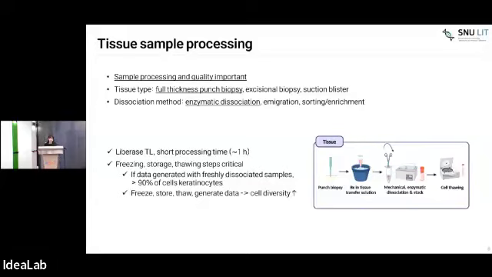The different methods would be enzymatic dissociation, culturing the tissue for a few hours for emigrating cells, and sorting or enrichment of specific cell populations of interest. And our group usually uses the enzymatic dissociation method of punch biopsies using LiberaseTL for a short incubation time of 1 hour. And we also do not use the samples freshly because over 90% of the cells would be keratinocytes then. So we freeze the cells and then thaw them before generating data to increase the cell diversity.